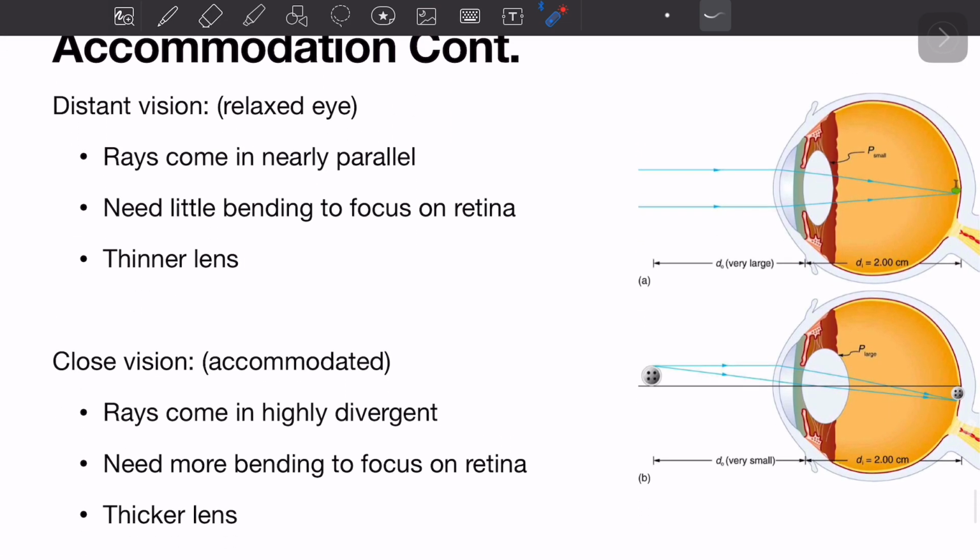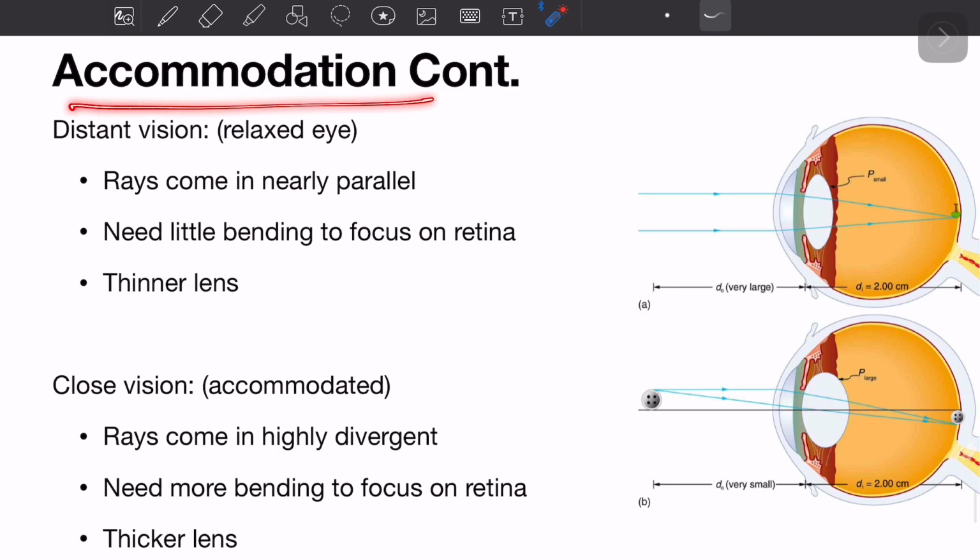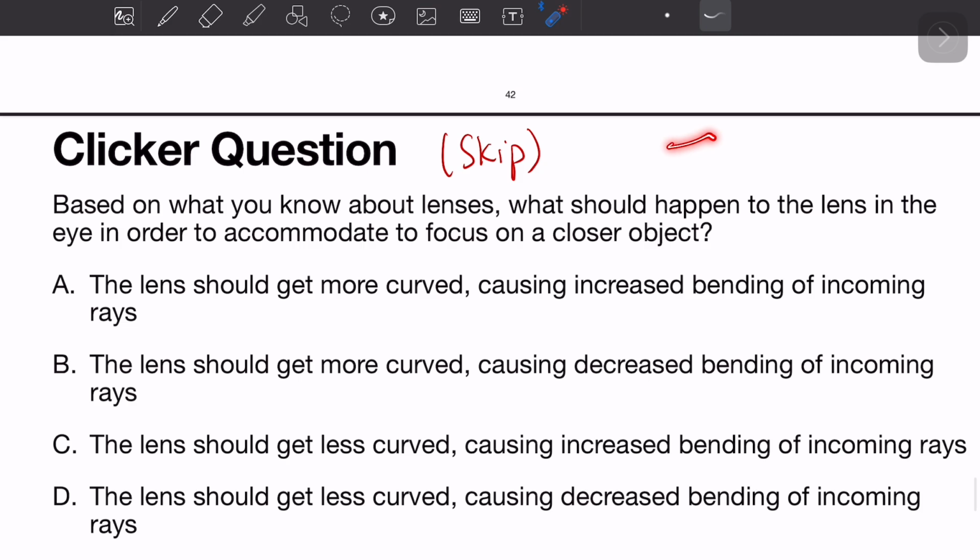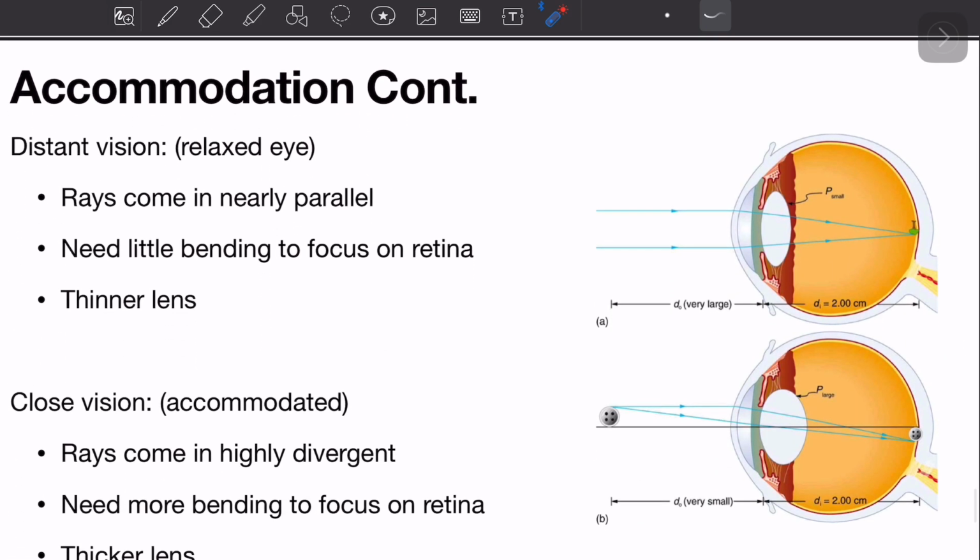Okay, now let's talk a little bit more about accommodation. So we talked about relaxed vision versus accommodated vision. In relaxed vision, you have rays coming out from infinity and they need a little bit of bending to focus on the retina. In the relaxed eye state, our lens is thin. You can think through this previous question and convince yourself why a thin lens corresponds to relaxed vision.